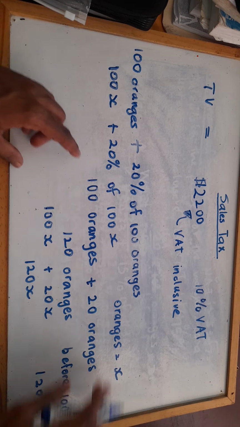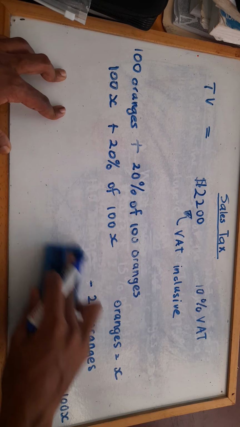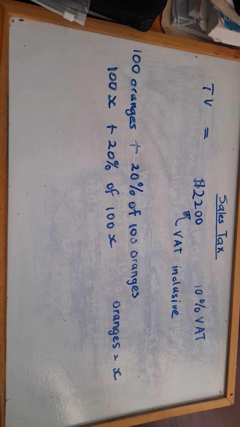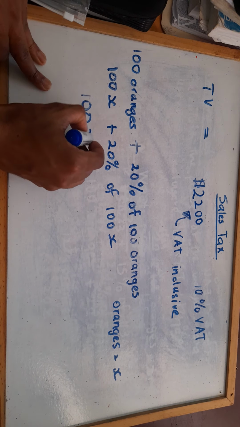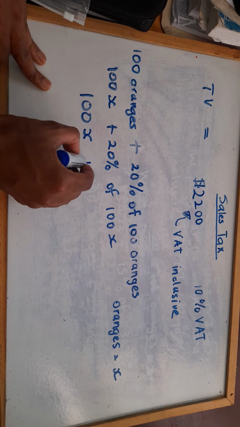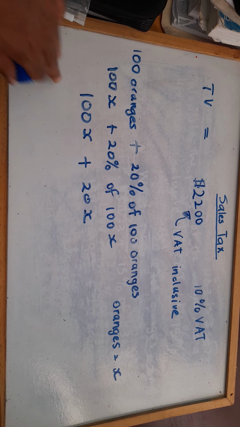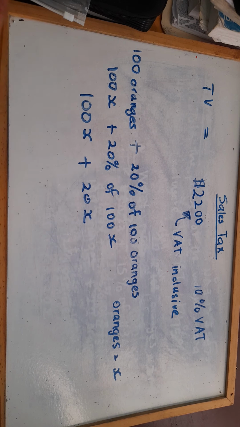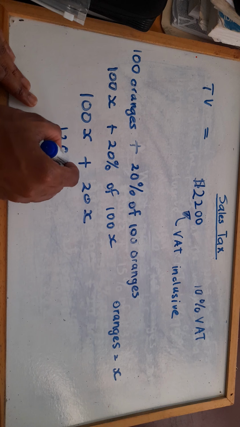Now I'll just erase this. This then breaks down to 100x plus 20x. Right? Remember we just broke this down, 20% of 100, which gives us the same thing as 120x.